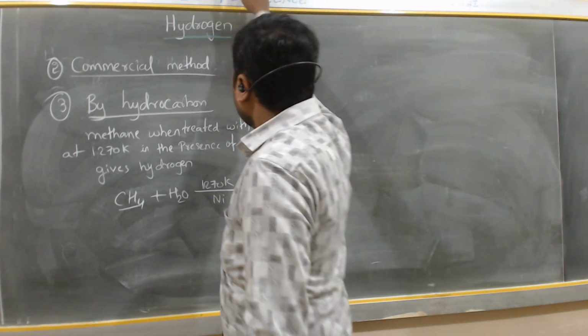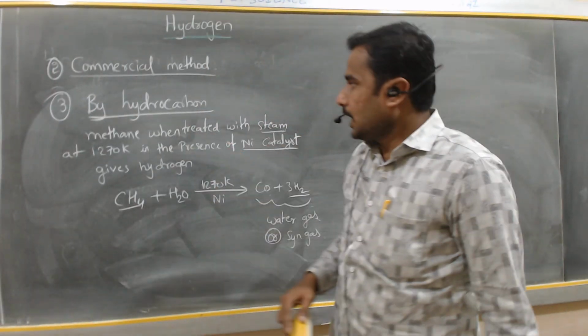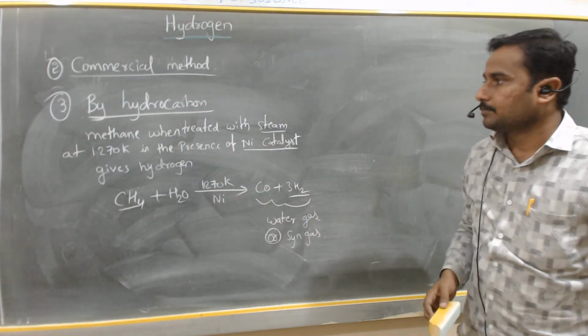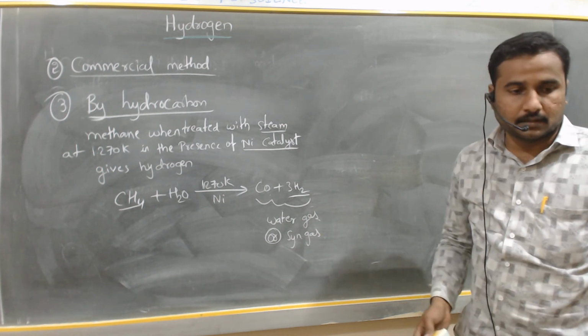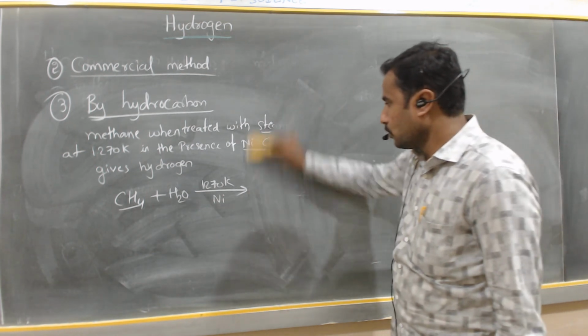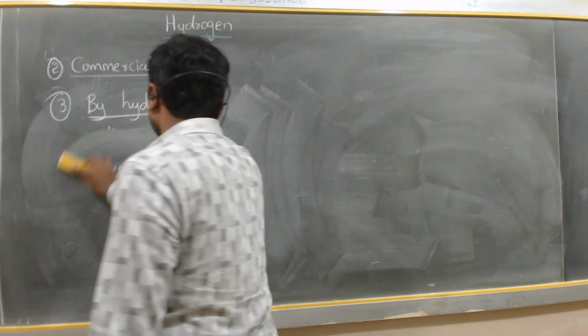Next one is what? By using hydrocarbons we can produce hydrogen gas, and we can also produce it by coal. Next one is what? By coal.